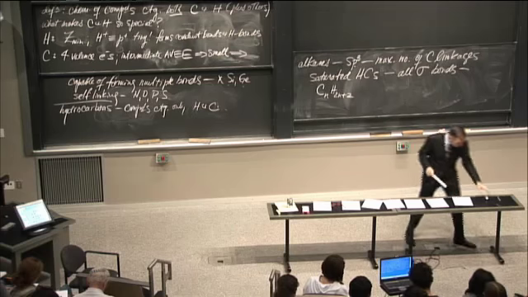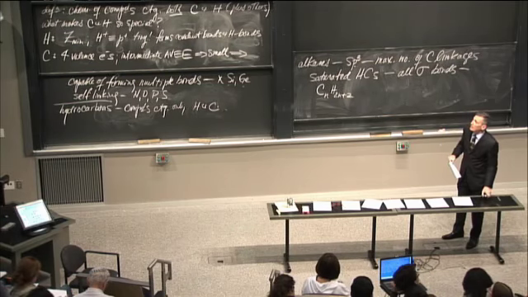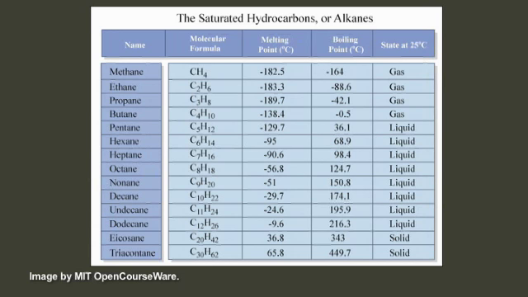CnH2n+2. I think I've got some, yeah, this is taken from one of the other books. I know you got a list like this in your own book. So here they are. So this is just CnH2n+2, and you go down and there's the nomenclature. The meth, for historical reasons, represents n equals 1.